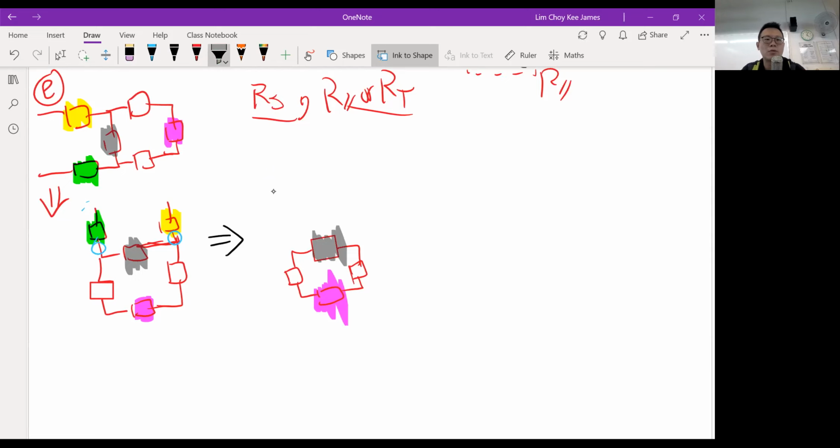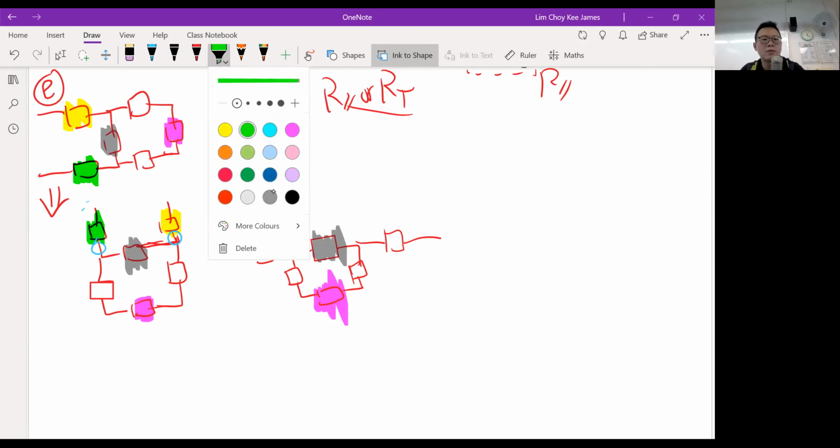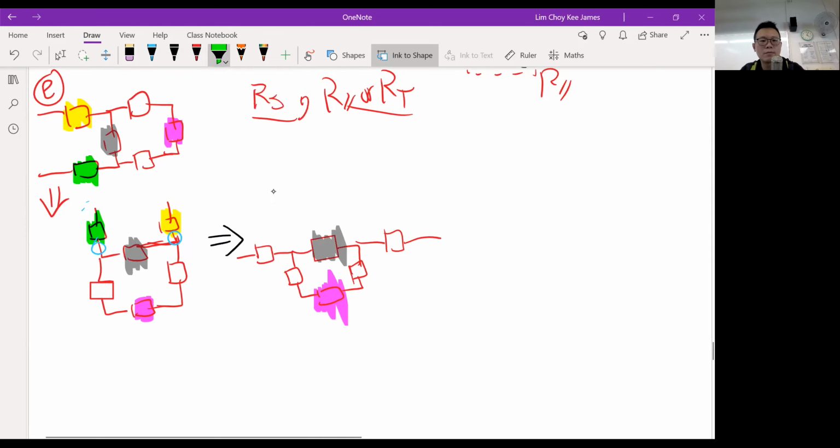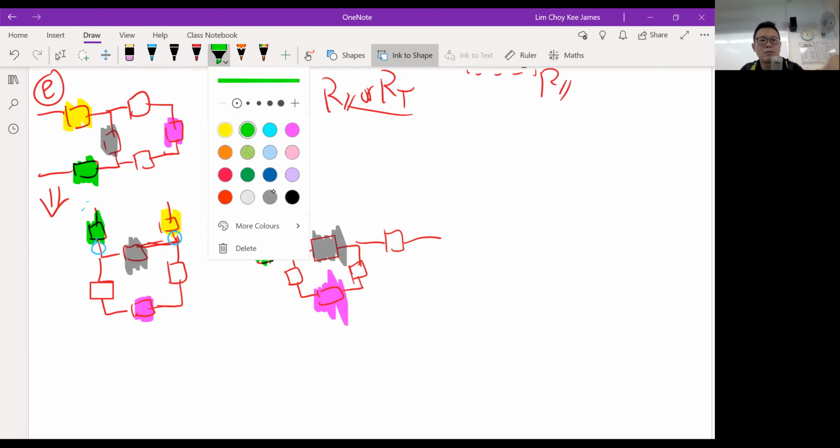So what I do is I'm going to drop the cable down. Now I'm going to lengthen the cable this way. In terms of coloring, this will be the arrangement. The green one will be here. The yellow guy will be here.